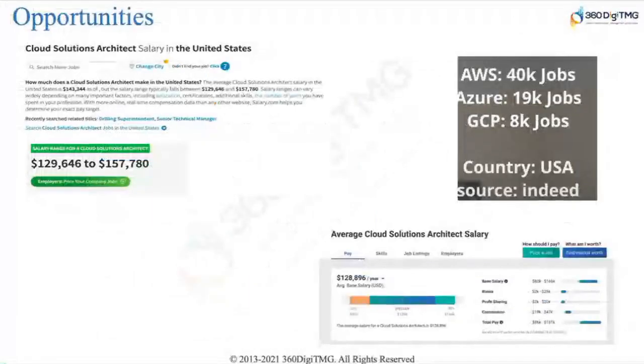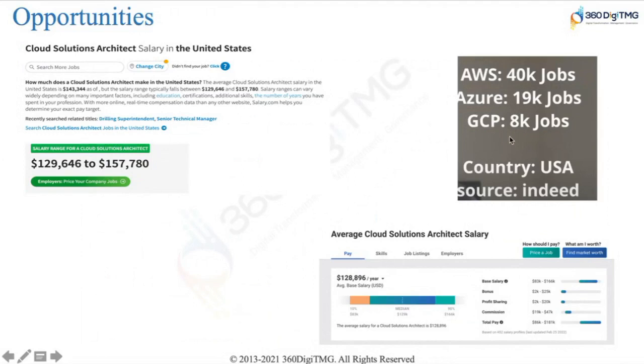So this package might vary according to your roles and responsibilities. And I am a cloud solutions architect, so these were the statistics related to cloud solution architect. You can see the annual package salary range for a cloud solution architect over here.